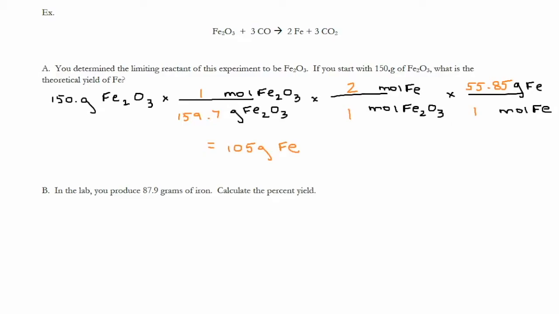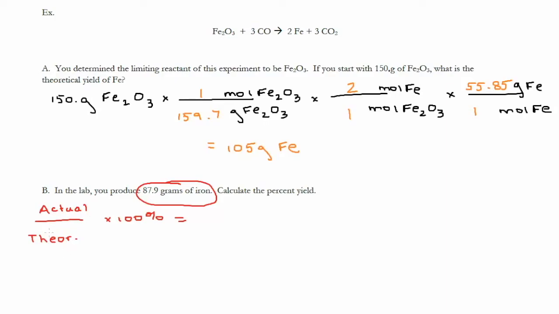Now to calculate my percent yield, I'm going to take my actual yield, what I actually got in the lab, which would have to be given to you, and is given to you right here. I tell you you produce 87.9 grams of iron, and you're going to divide that by your theoretical yield, and then multiply that by 100%. This value should never be above 100 because that doesn't make sense.